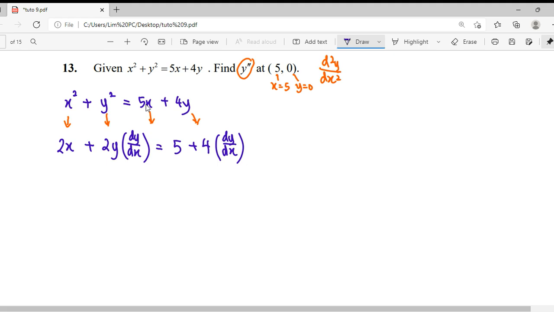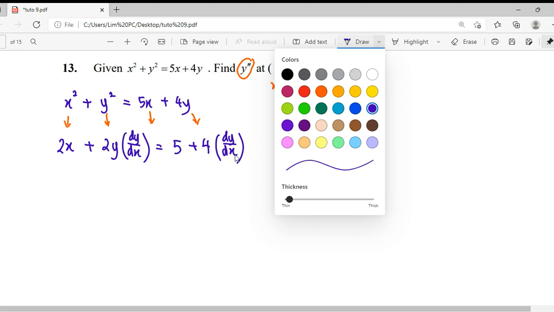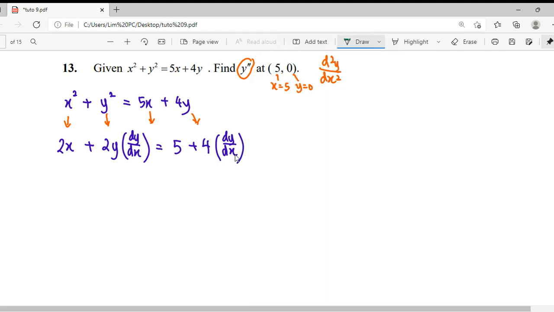So what is our objective here? We are going to find the second derivative. So our equation here, we are going to differentiate it again. Then only can we obtain the value of d2y dx squared, the second derivative.